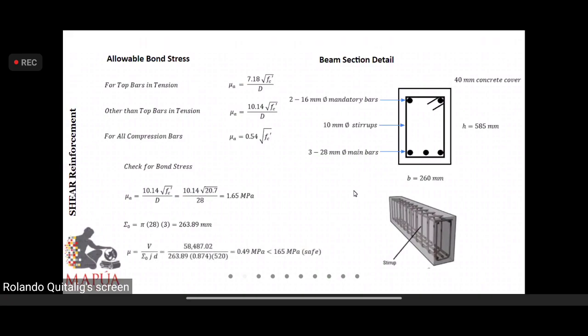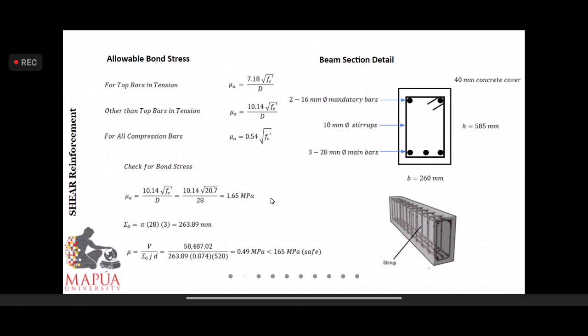And then we compute for the actual bond stress, which is equal to V, the actual shear, divided by the perimeter of these main reinforcing bars and then jd. And this is less than 1.65, so this is safe in bond stress. If that will not be safe, we are going to revisit our dimensions for consideration of the reinforcing bars.